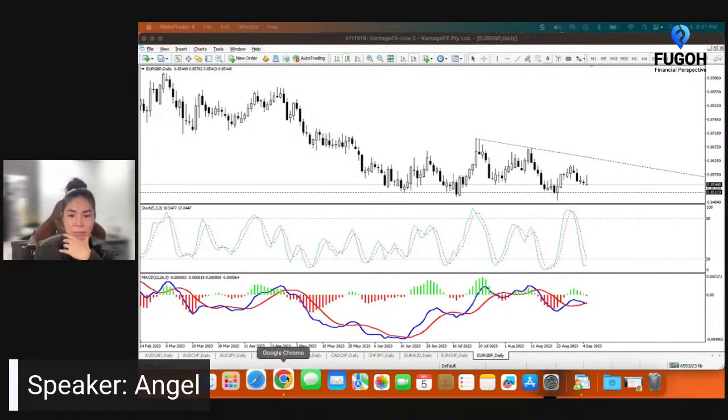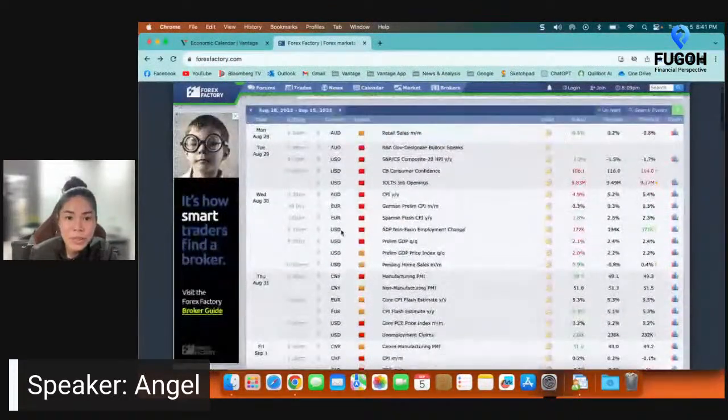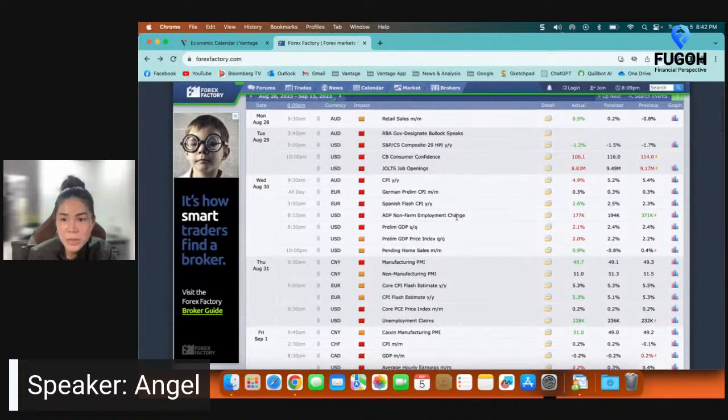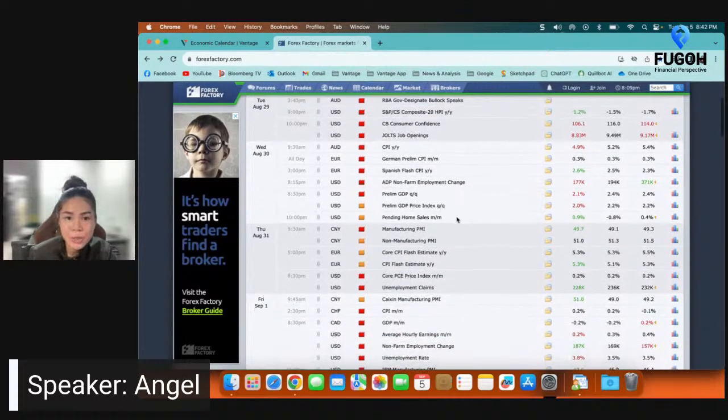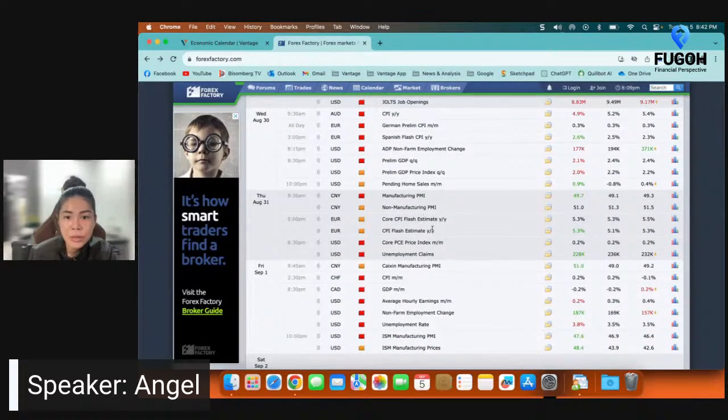By the way, is there anything for euro and pound that I should be aware of? So last week we have the Spanish CPI 2.6%. That's faster than forecast and previous. German CPI 0.3, core CPI 5.3%.